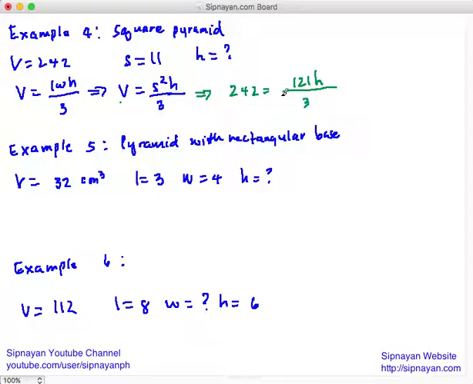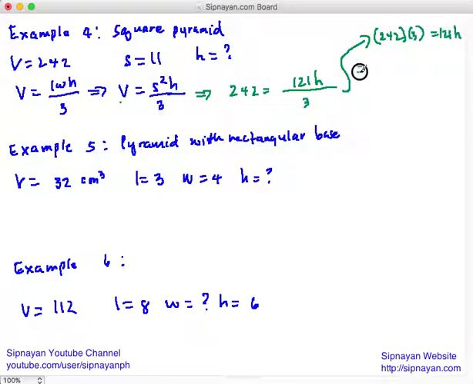Okay, so, tama ba tayo? So if we manipulate the equation, if we multiply both sides by 3, we have 242 times 3 equals, pupunta to dito, di ba? 121 times h.